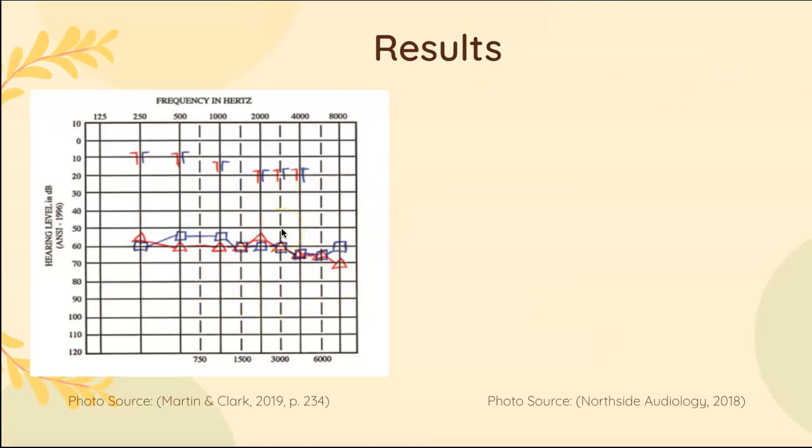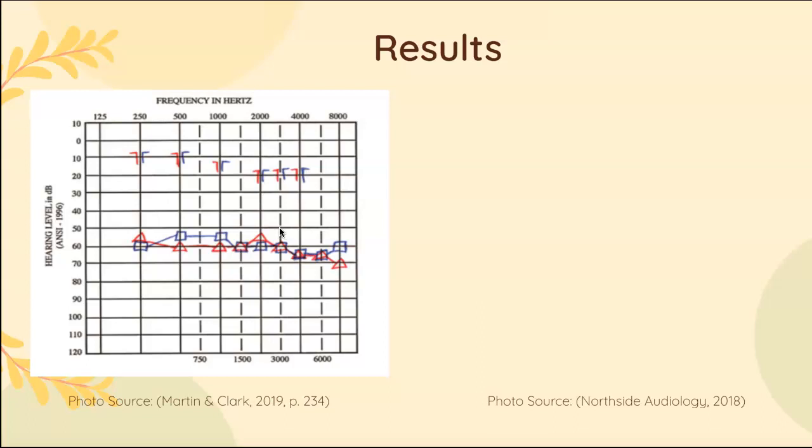As I mentioned earlier, the audiogram results will be somewhat similar to the picture on the left-hand side. The individual who this audiogram belongs to had bilateral atresia, which means that both external auditory canals are closed. It's just another way of saying atresia.